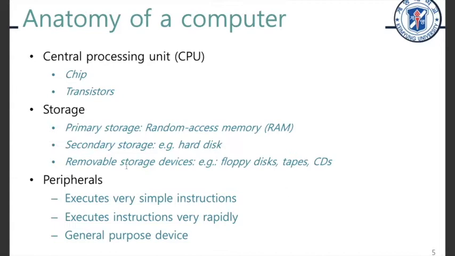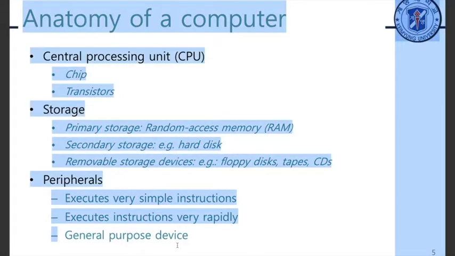However, removable storage are actually part of the class of secondary storage. And we have some peripherals. The peripherals are such as mouse and keyboards and printers and the speakers. They are general purpose devices.